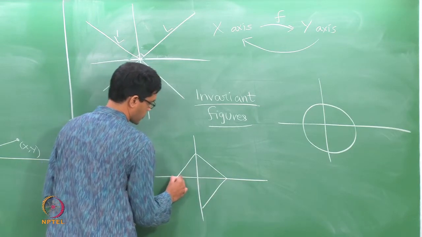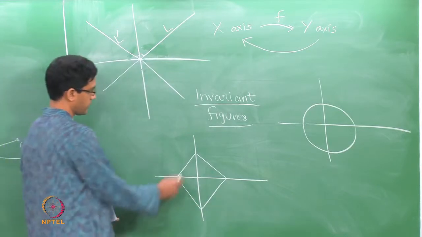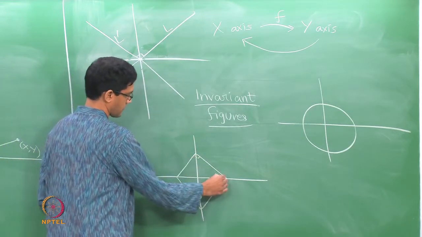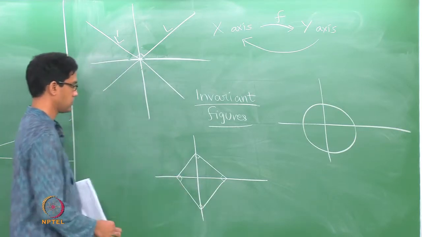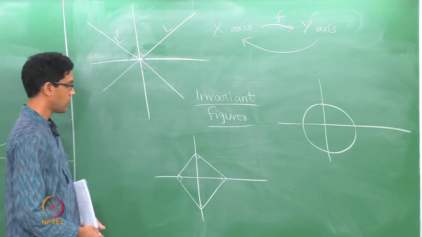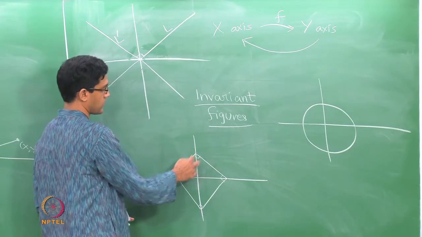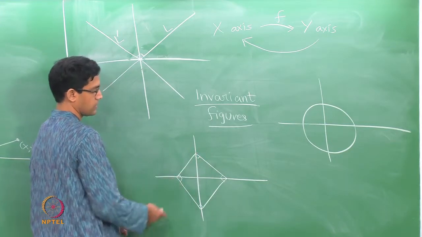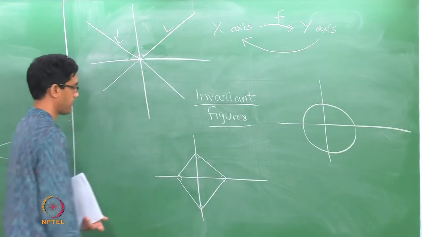So imagine placing a square in this fashion, it is not a very good figure. So imagine this is a square, and you sort of look at what happens when you rotate this by a 90 degree angle. All that will happen is that this vertex will now coincide with the next one, that will coincide with the next one, and so on. So here is an example of a figure which is invariant under a 90 degree rotation.